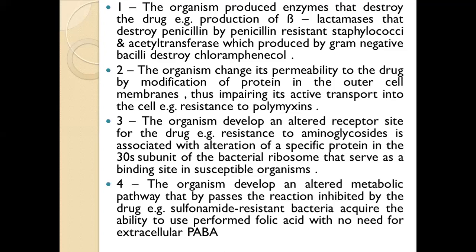The fourth mechanism: the organism develops an altered metabolic pathway that bypasses the reaction inhibited by the drug. For example, sulfonamide-resistant bacteria acquire the ability to use preformed folic acid with no need for extracellular para-aminobenzoic acid.